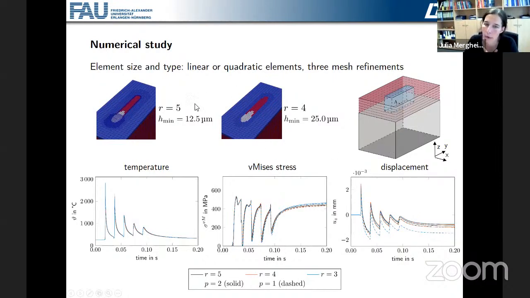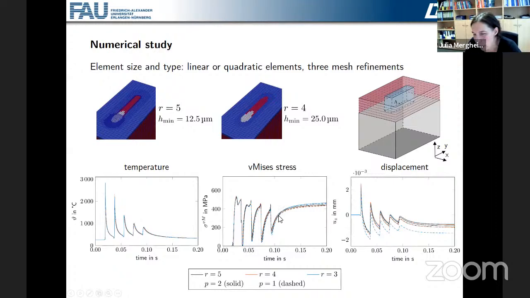We compared these different meshes, and overall we have 6 different settings here, so 3 different refinements and 2 different element types. We compare to start with the temperature, the Von Mises stress, and the displacement at this point A here, which is on the top of the first layer and in the middle of the wall. We see that the differences in temperatures are quite small. Only in the maximum temperatures, we see some differences, but that's still okay.